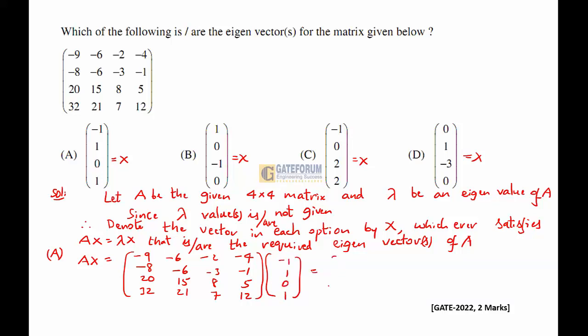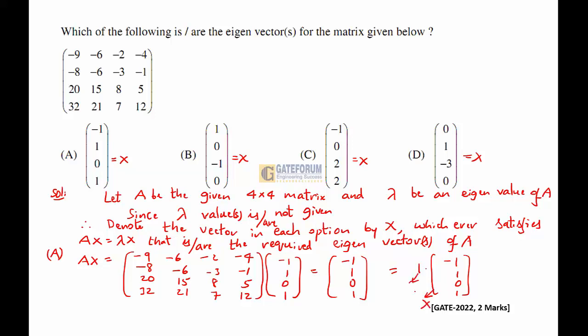So you know matrix multiplication, which will again give a column matrix. 9 minus 6 is 3, 0, and this is minus 4, so minus 1. Like that, second row into this column gives 1. Third row into this column gives 0. Fourth row into this column gives 1. So this column vector I can write as 1 into minus 1, 1, 0, 1. 1 into any vector is that vector itself only. So finally this is your vector x.